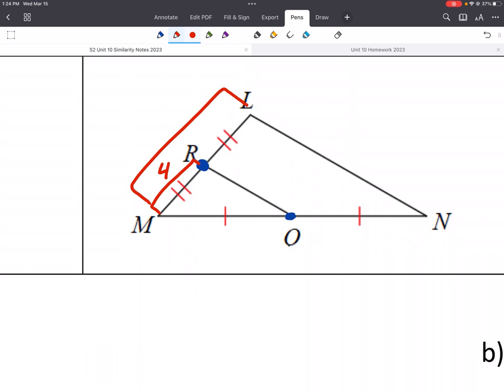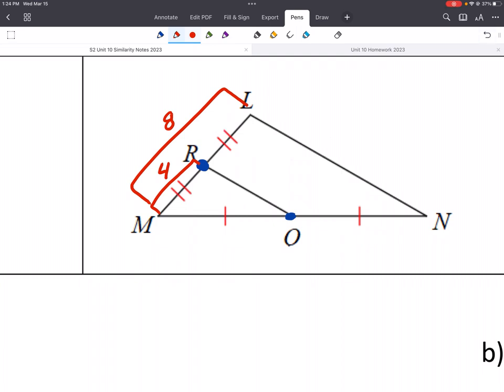This is a small triangle, and here, let me try red, this would be a big triangle. So it's a triangle inside of a triangle. If that small triangle length is 4, this would have to be 8, right? Because this is 4, and 4 plus 4 is 8.